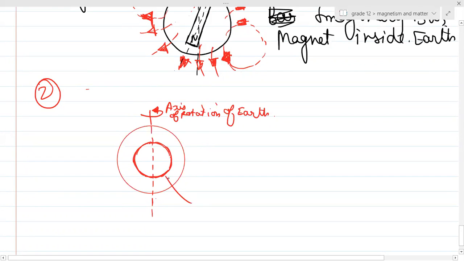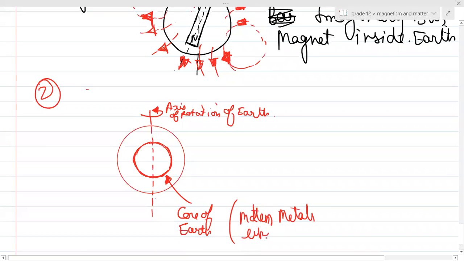So basically, this is the core of Earth. It contains molten metals, especially iron, cobalt, and other heavy metals, etc. All of them are in the molten metal form. Now, when this Earth was forming, people still don't know the reason what happened.